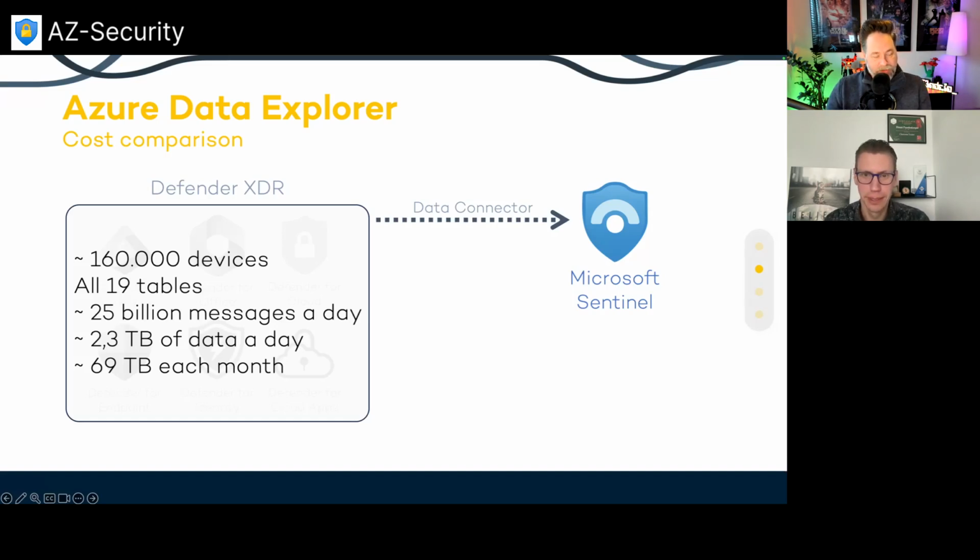Yeah. If you want to store 69 terabytes a month in Sentinel, well, you can do the math. Even with the lowest price available with the highest commitment tier, you'll end up with 170,000 euros a month in cost on the Sentinel side, which is obviously very expensive.